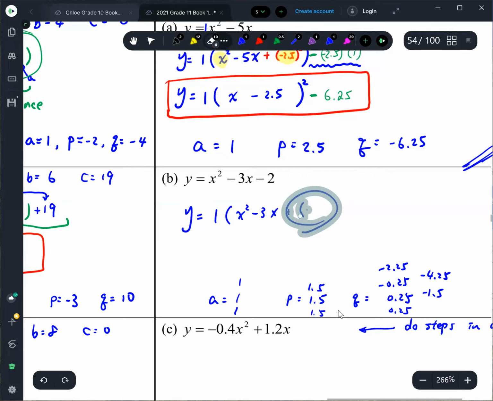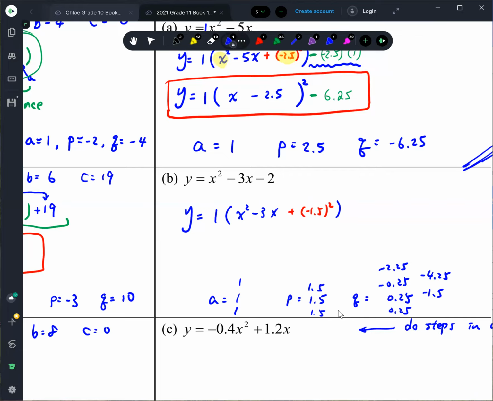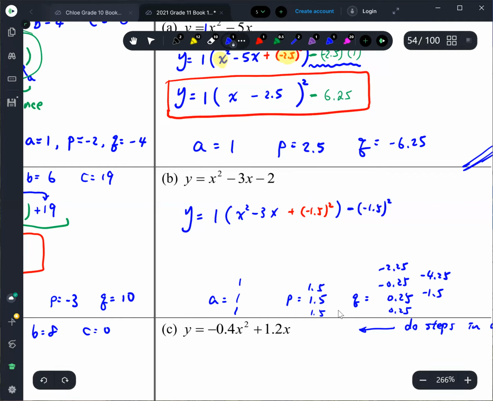You need to know your steps. I got negative 1.5 squared. So plus negative 1.5 squared, like that, right? Yes. And then keep going. Balance is minus negative 1.5 squared, and then 1 times 1.